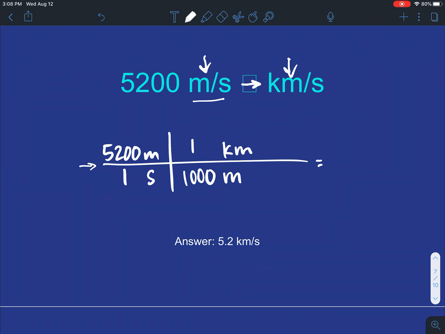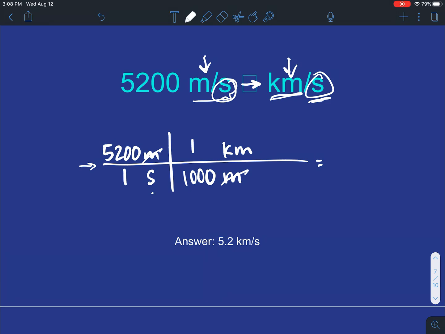I'm going to double check, and seconds here is the same as seconds here, so I don't have to mess with that. I'm going to cancel meters, and then I'm going to check and make sure that my final unit will match the one that I am supposed to be getting. So kilometers is on top, like it is in the answer, and seconds is on bottom, like it is in the answer. So I'm in good shape here. I know I've set this up correctly.